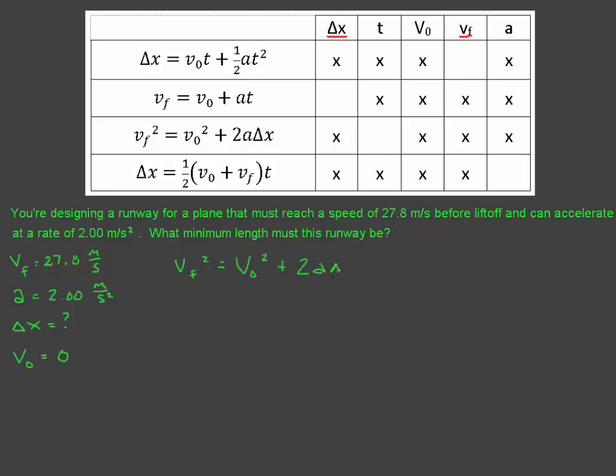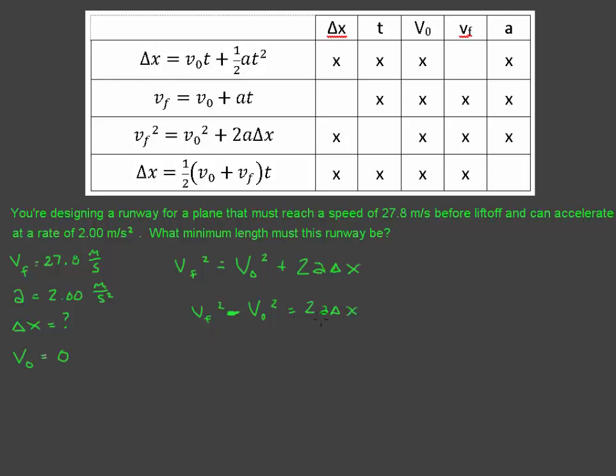I'm supposed to find delta x. So the next step always is solve this equation before putting numbers in it. That's really important, you guys, for delta x. So the first thing I'm going to do is subtract v0 to the other side. And I'm going to get v final squared minus v0 squared equals 2a delta x.